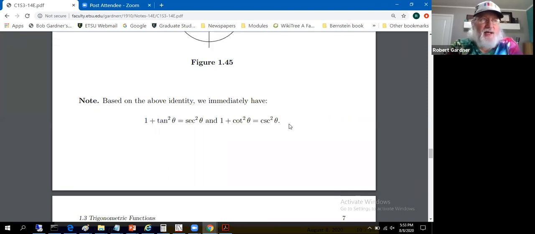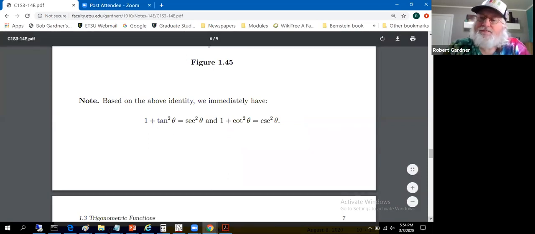We'll use these identities a little bit. In calculus 2, you'll use these identities a bit more. So these are important identities. They are just really special cases of the Pythagorean theorem, written in terms of different trig functions. But you can divide sine squared plus cosine squared equals 1 by the appropriate thing and produce these two equations.